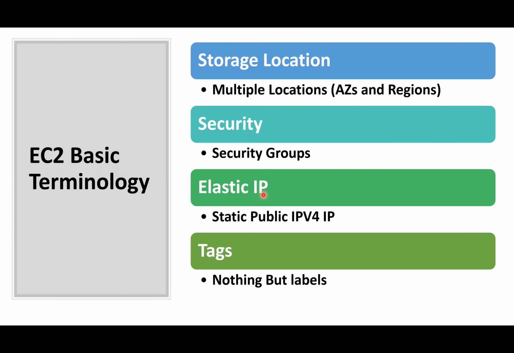And last thing, the tags. Tags is nothing but labels. You can tag or label your EC2 inventory, or basically any AWS inventory, with those tags. It will be easier for you to find those things.